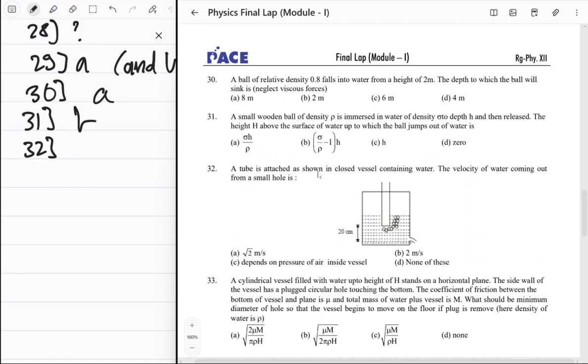A tube is attached as shown in a closed vessel containing water. ये exactly क्या चीज है, हो क्या रहा है यहाँ पे? Coming out of this small hole. So ऐसा है कि यहाँ पे atmospheric pressure और, I guess, यहाँ पे pressure कम है atmospheric pressure से, इसलिए water ऊपर आ चुका है, right. और इसलिए यहाँ पे air bubbles भी आ रहे हैं, and then जो water है वो ऐसे निकल रहा है.